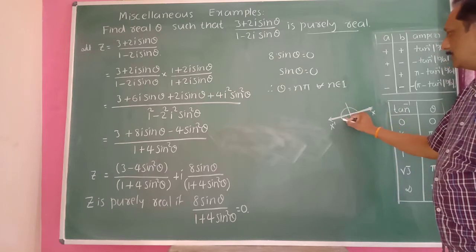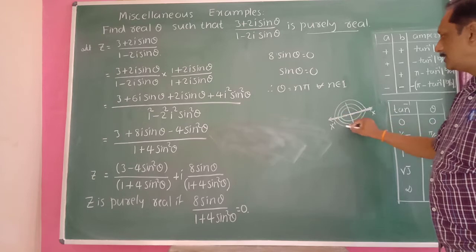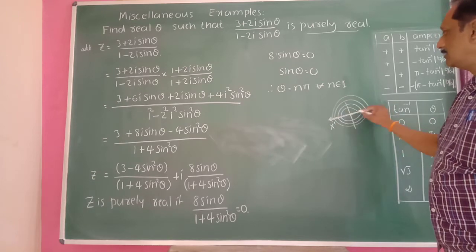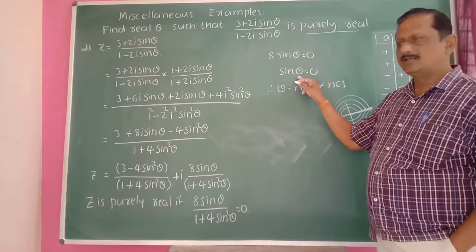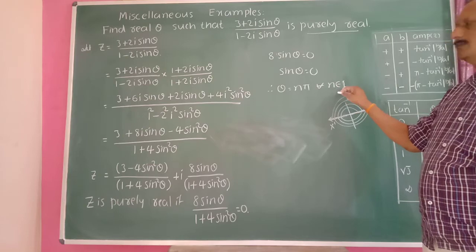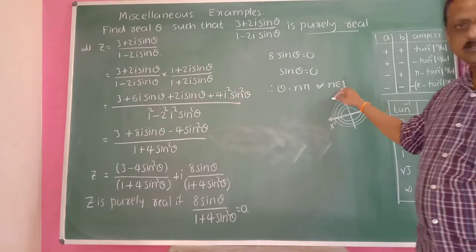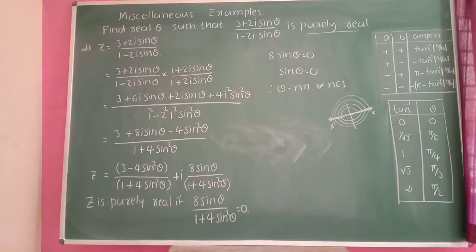So 1 pi, 2 pi, 3 pi, 4 pi, 5 pi, 6 pi, 7 pi. So on this x-axis always 0. Sin theta is 0 and theta is equal to n into pi, where n belongs to the integers here. So the integers mean a set of integers. It may be a positive integer or it may be a negative integer here.